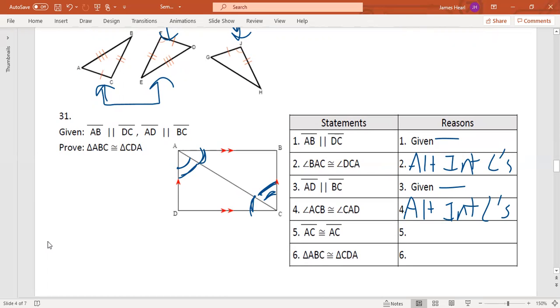We can also argue the line in the middle, the diagonal, is congruent to itself. Anything congruent to itself is the reflexive property, at which point you have created two triangles that have two angles and a side between them matching up. This must be a pair of congruent triangles thanks to angle side angle congruency.